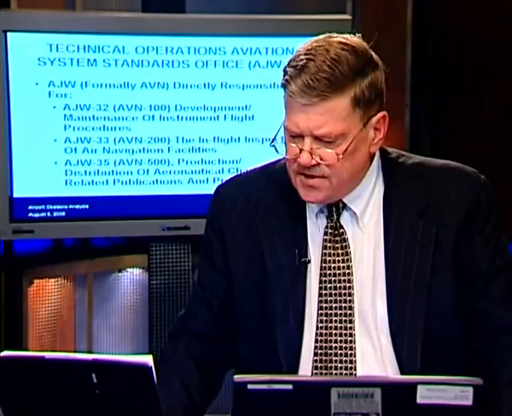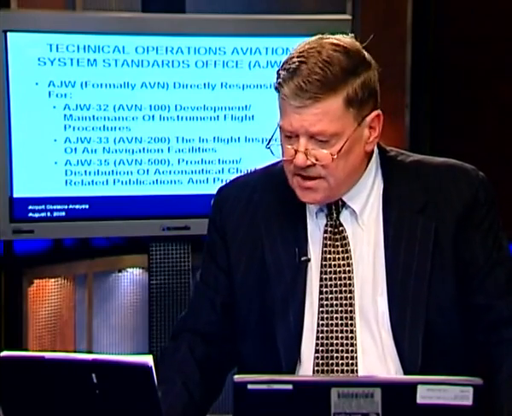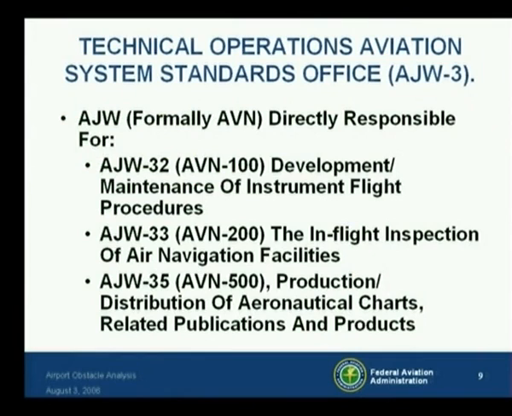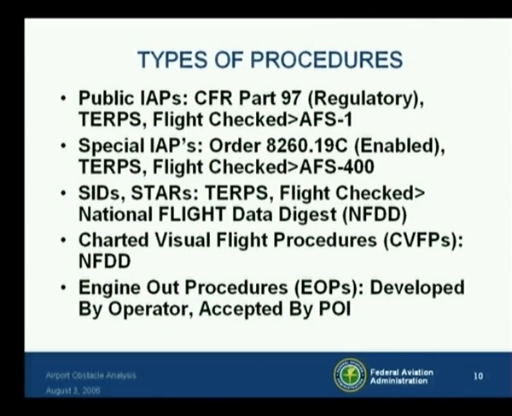So all these lines of business are involved in the development of instrument procedures, but it's important to understand that there are several different types of procedures that we all get involved in. Public instrument approach procedures, pretty much we just covered, are regulatory by CFR Part 97. They're incorporated by reference.